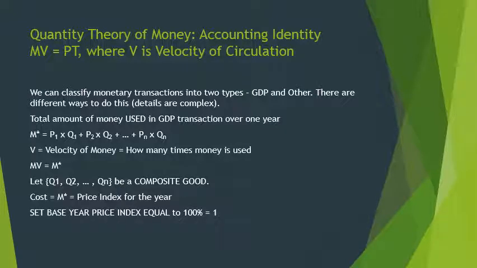So if we let Q1, Q2 to Qn be all of the quantities of all of the goods, we add them up, and we create a composite good. If we think of it as 1 unit, then 1 unit of this good, which is all of the commodities sold over the entire year, is just one good, and it costs M star, the total amount of money that was paid for it.